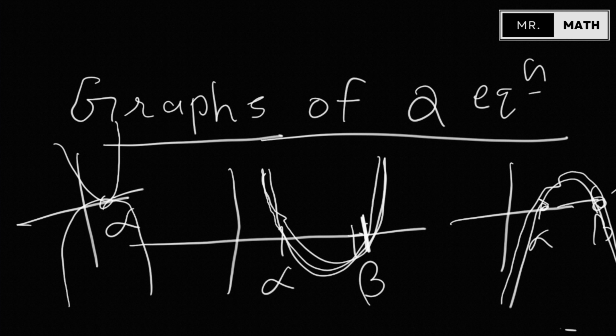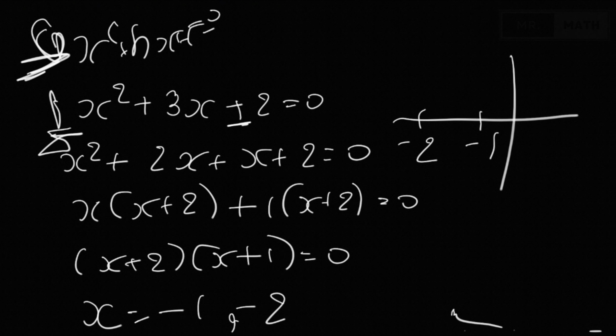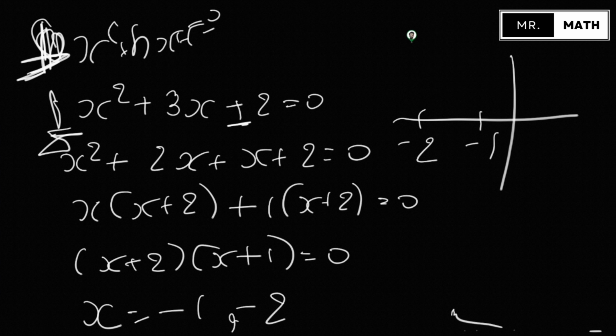Here a is 1, so it is positive. We just need to find the sign. If the sign of a is positive, it would always be an upward parabola. And if the sign of a is negative, it would be a downward parabola. So in our case, a is positive, so it would be an upward parabola. Its graph would be like this.